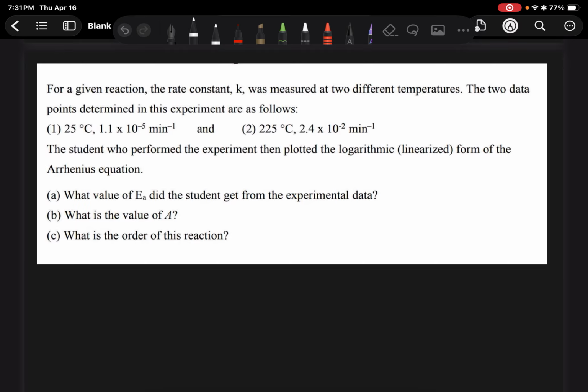Huh? How do we do this? Okay, the linearized form of the Arrhenius equation. What even is that?